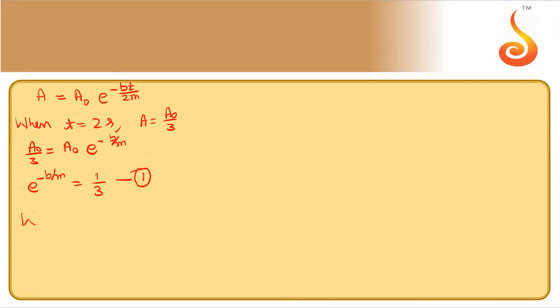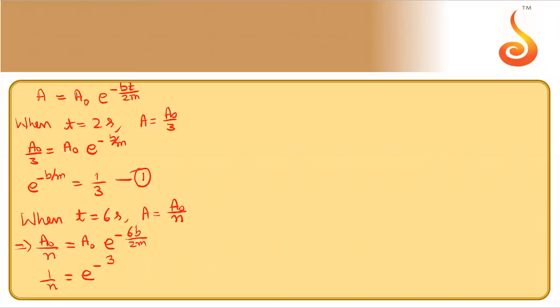Now when t is equal to 6 seconds, A is equal to A0 by n. So A0 by n equals A0 into e to the power minus 6b by 2m. So 1 by n is equal to e to the power minus 3b by m, which is e to the power minus b by m whole cube.